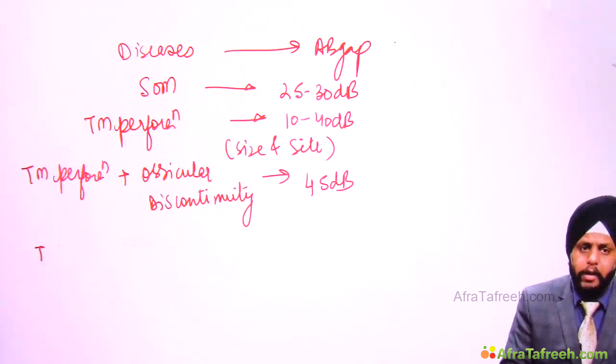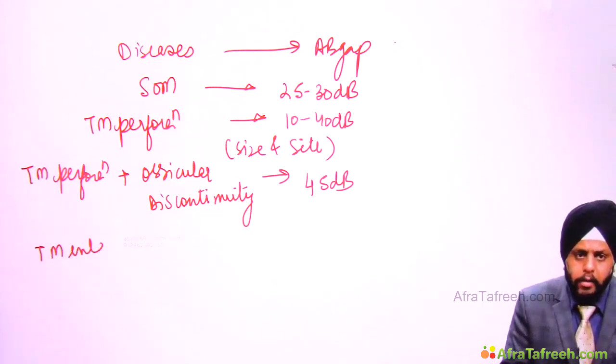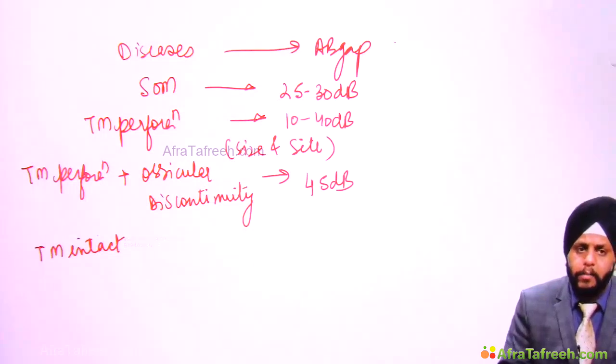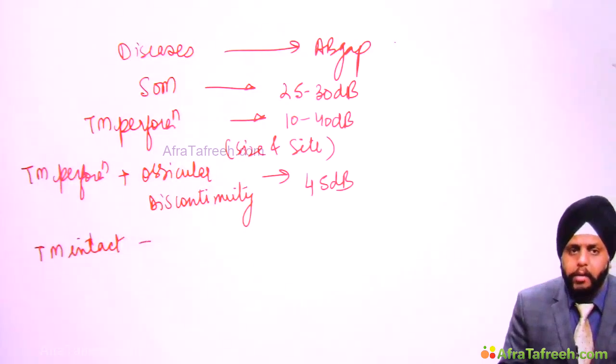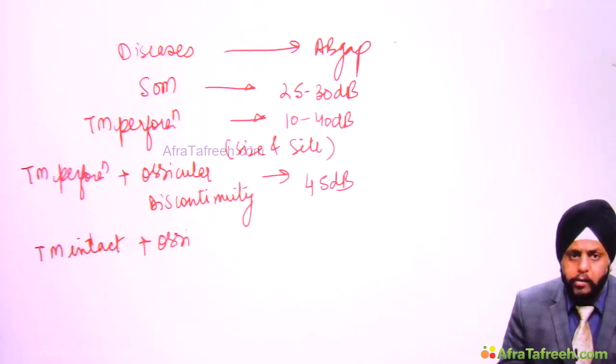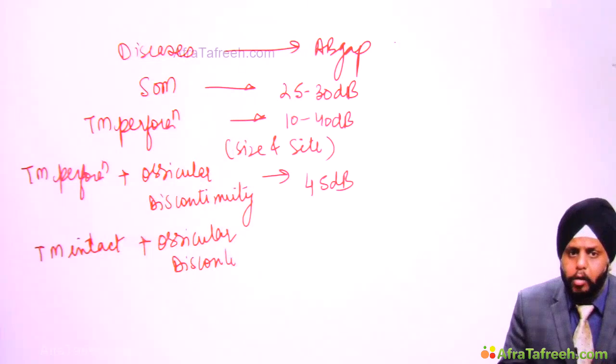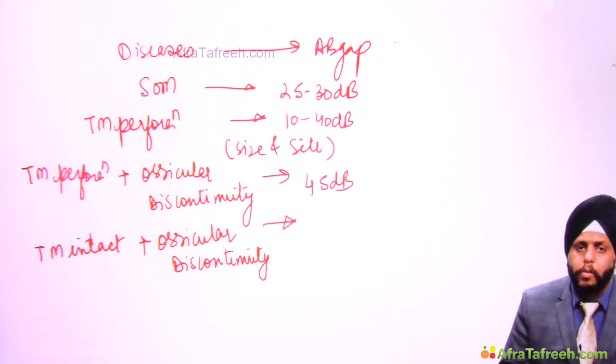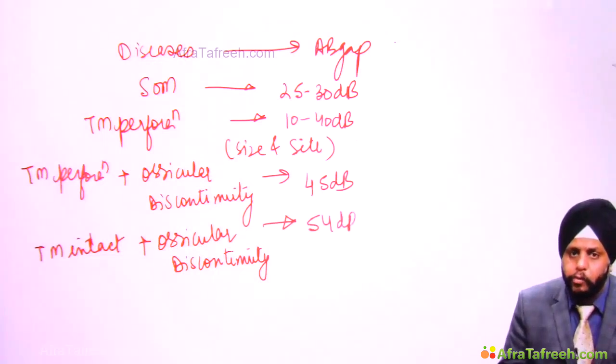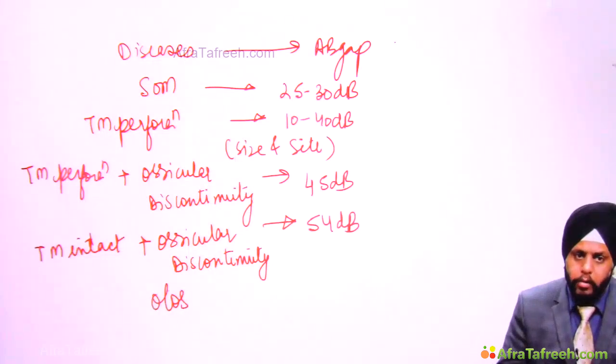Okay, now let's say the tympanic membrane is intact, or you repair this tympanic membrane, or let's say there is a trauma, the tympanic membrane remains intact, but there is an ossicular discontinuity. So I've already explained to you that now the tympanic membrane acts as an obstruction. Therefore the hearing loss is more, it is 54 decibels. And what about otosclerosis?